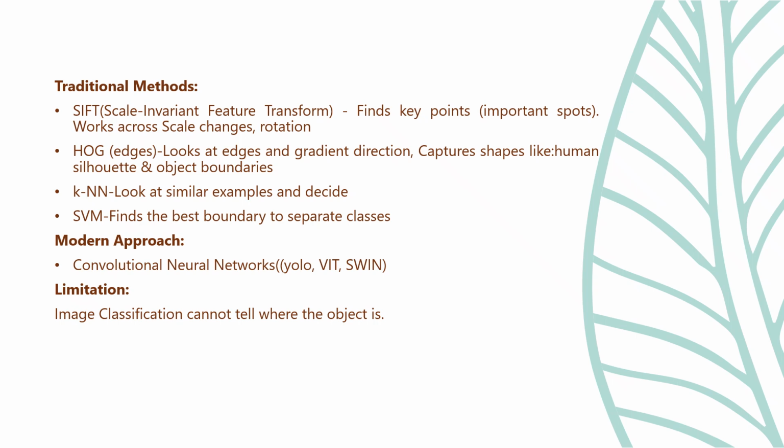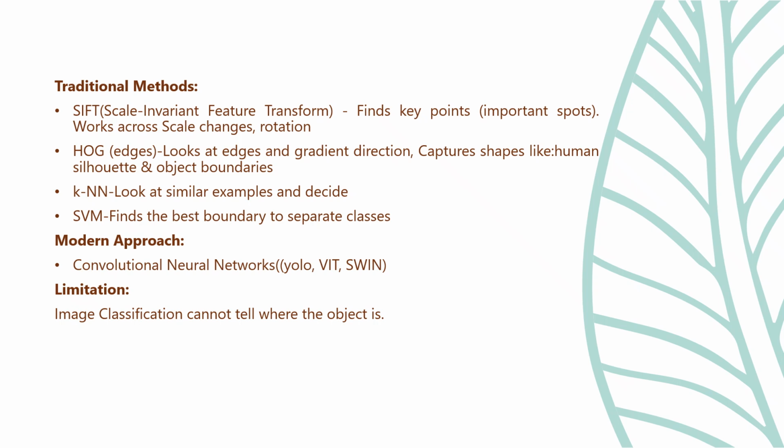Today, however, modern approaches have arrived, so most systems use convolutional neural networks, or CNNs, and networks such as YOLO, Vision Transformer, and Swin Transformer, which automatically learn useful features from the training data, resulting in much higher accuracy.